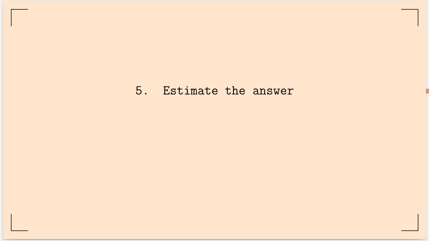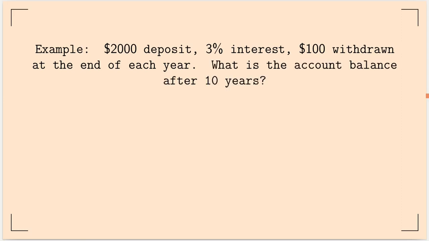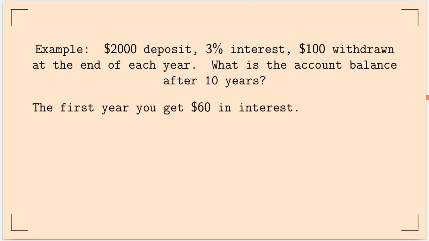5. Estimate the answer, even very roughly. Let's do an example. Let's think about a $2,000 deposit with 3% interest, and let's say $100 is withdrawn at the end of each year. And the question is, what is the account balance after 10 years? Okay, so first year you get $60 in interest.